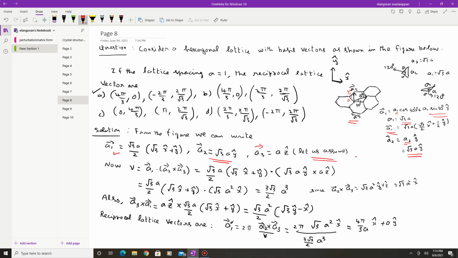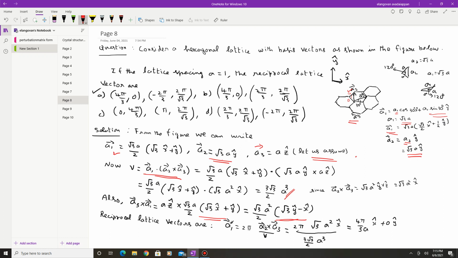Volume is equal to a1 dot a2 cross a3. Once you substitute, you will get the volume. Then also a3 cross a1: you have a3 vector and a1 vector, and find the cross product.